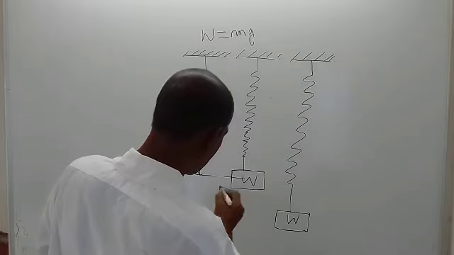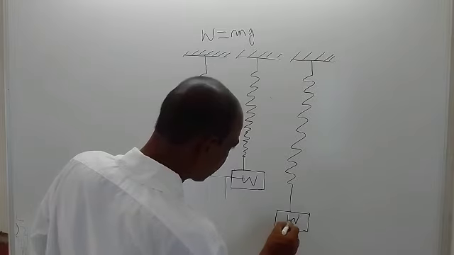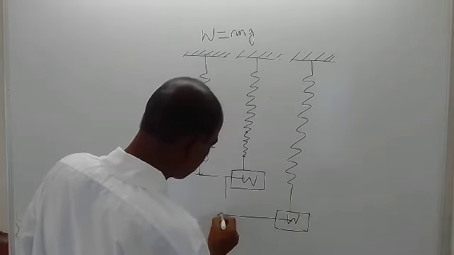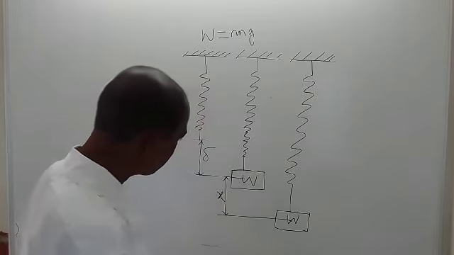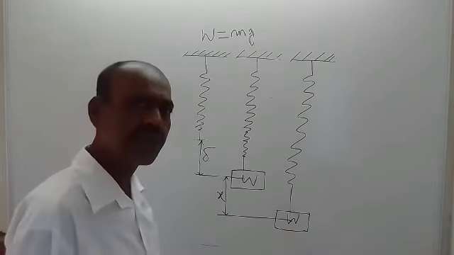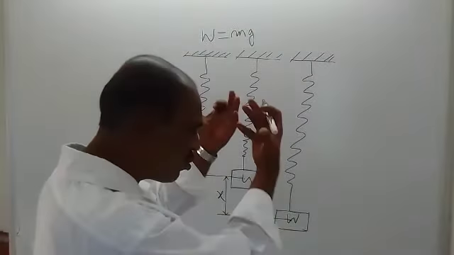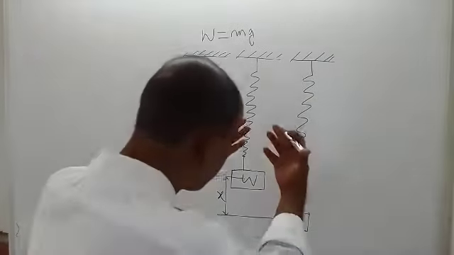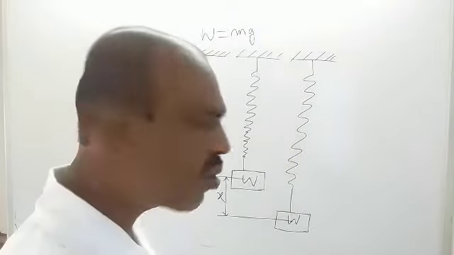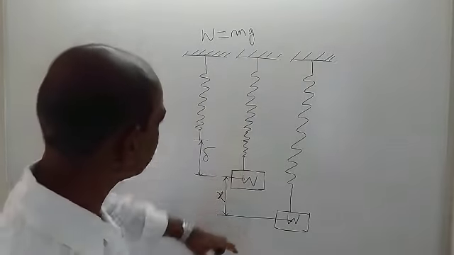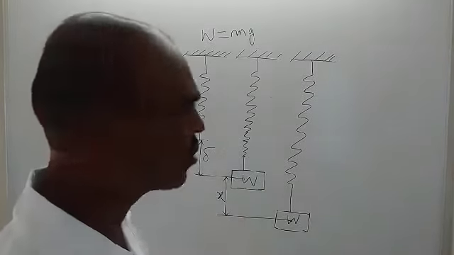Here again, this point will be used. Suppose this elongation in the vertical downward direction is X. Means you are using your hand or by any means, you are pulling this weight in the downward direction by an amount of X. So initially in this condition, what should be the equilibrium equation?